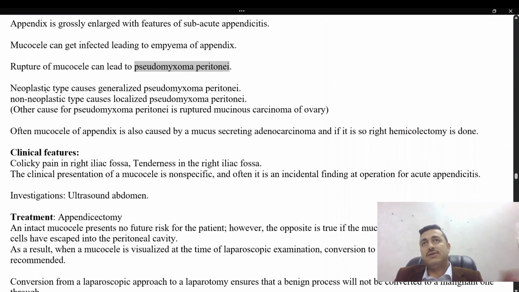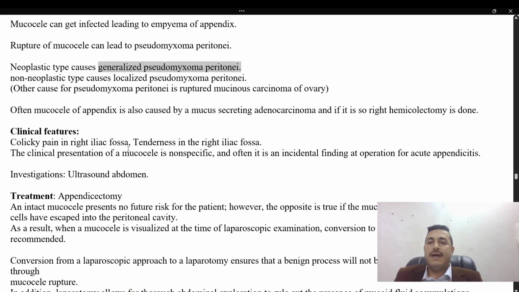We said it could be benign or malignant. If pseudomyxoma peritonei develops from a benign lesion, it is more likely to be localized, whereas malignant is more likely to be generalized pseudomyxoma peritonei. Most likely it is from the appendix, but it can be due to mucinous carcinoma of the ovaries.